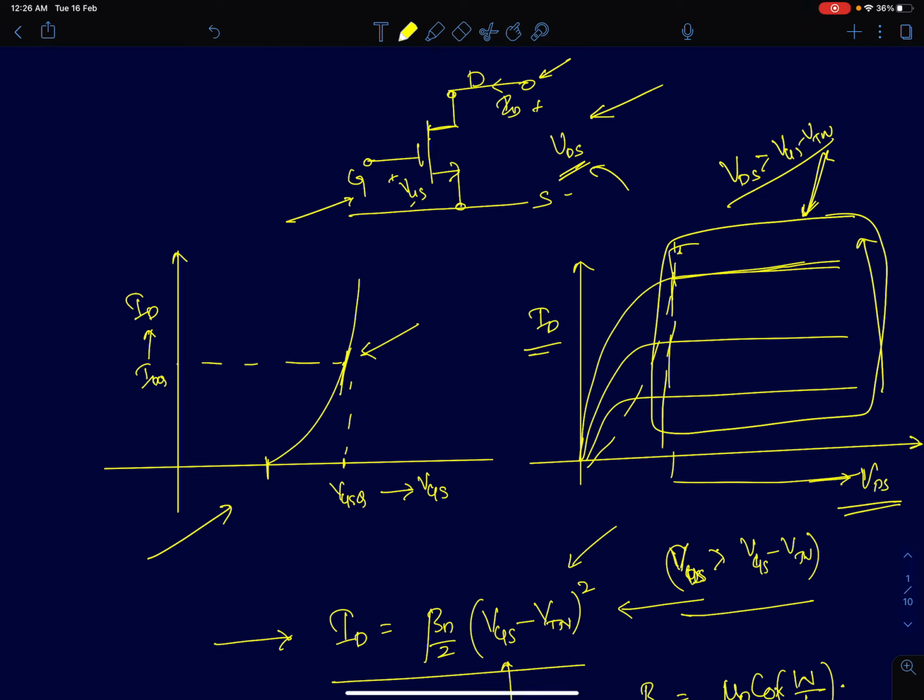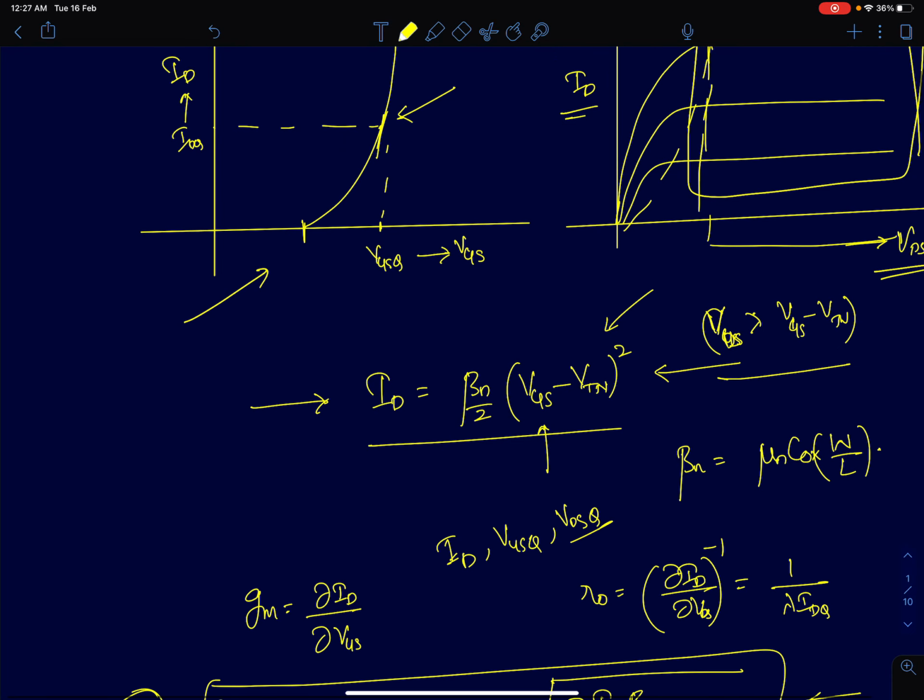For this voltage we said that the drain current is independent of the drain to source voltage and only depends upon the gate to source voltage. So in this region the MOSFET behaves as a voltage controlled current source. And we discussed that if you can design a voltage controlled current source, then you can use such a device to build an amplifier.